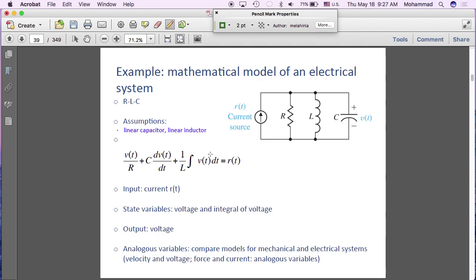That's the purpose: to relate the effect of input current to an output voltage. So apply Kirchhoff's law and see if you can get to the equation.